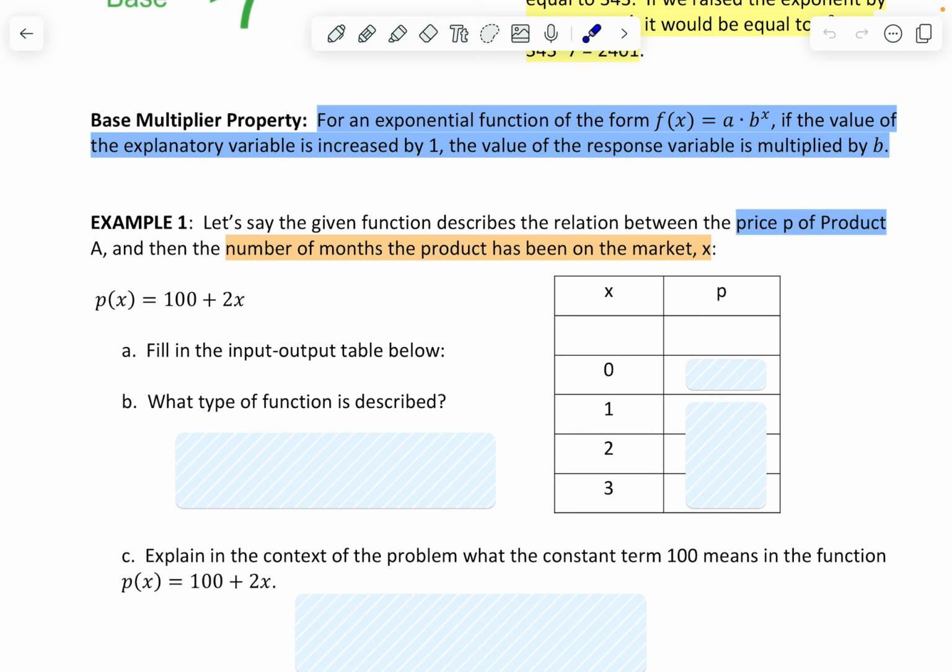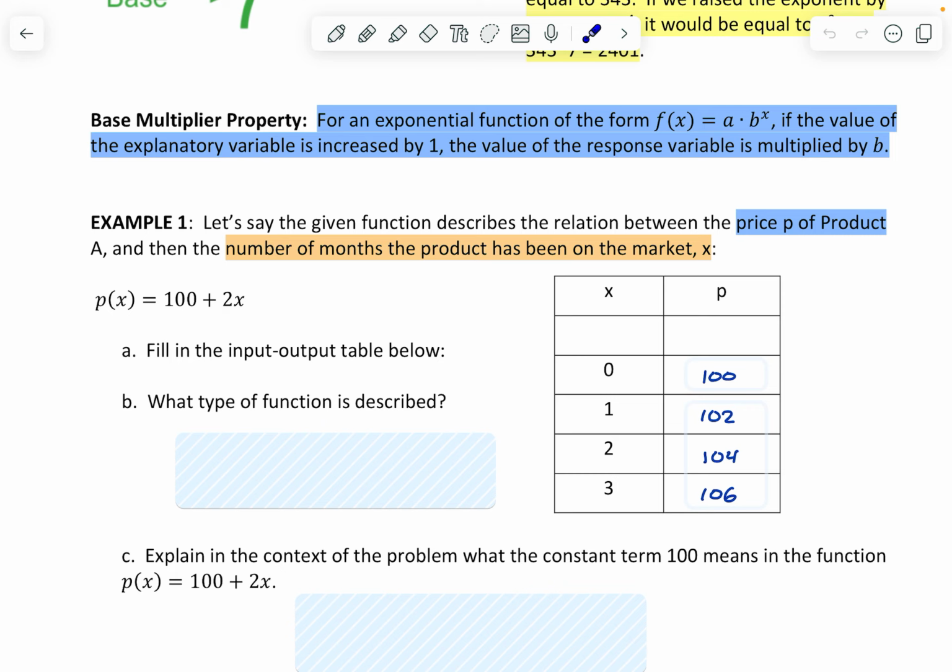We're given the function p of x is equal to 100 plus 2x. Our starting value is 100. And each month that the product has been on the market, x, the price increases by 2. Right? So the price of product A increases $2 every month.